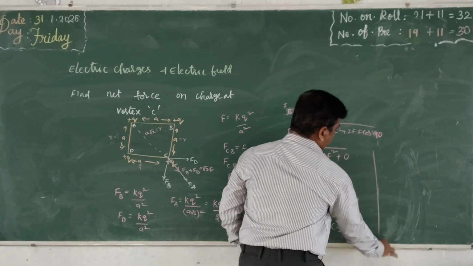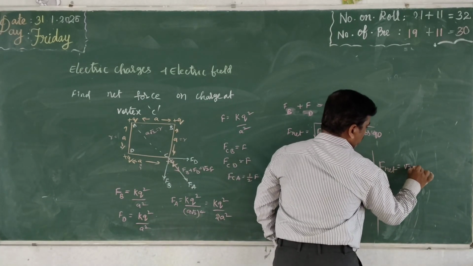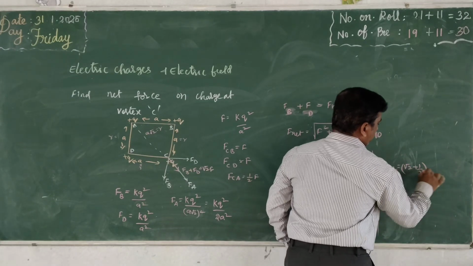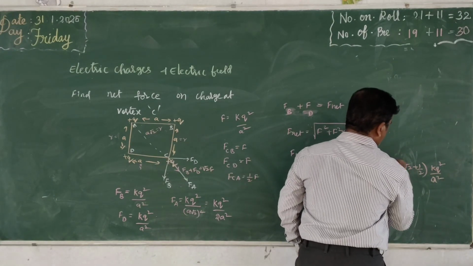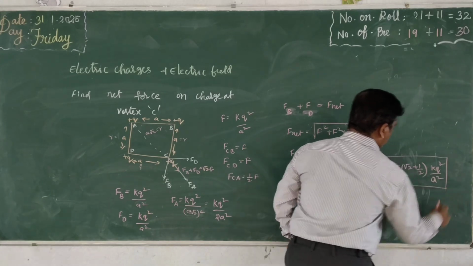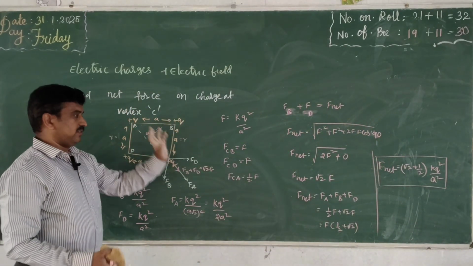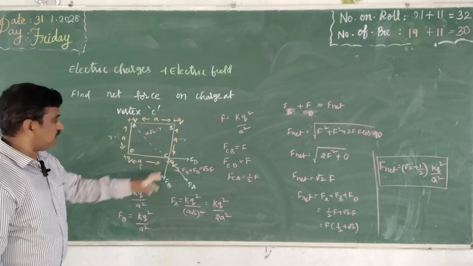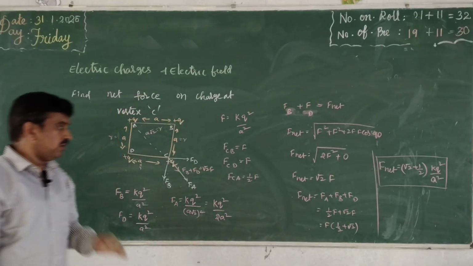That means F net equal to root 2 plus 1 by 2 into F, where F is kq square by a square. This is the net force acting on the charge at vertex C. The total force acting on vertex C is root 2 plus 1 by 2, kq square by a square.